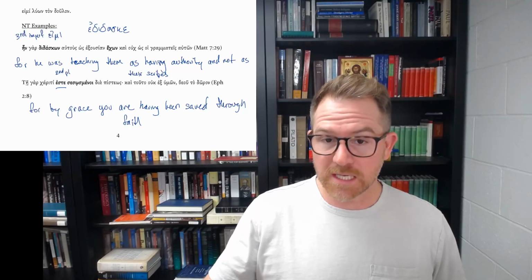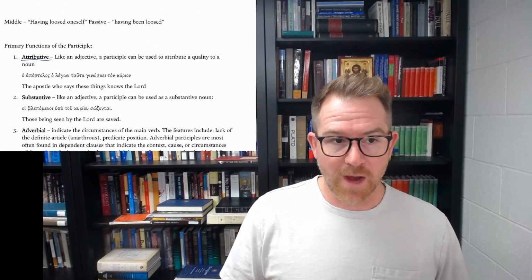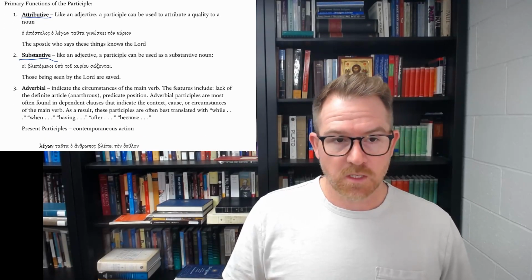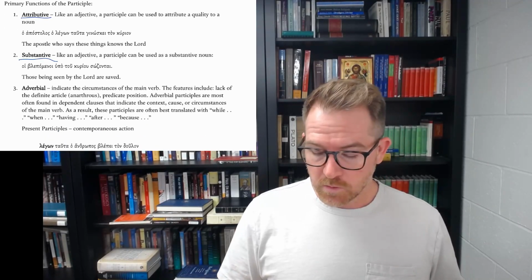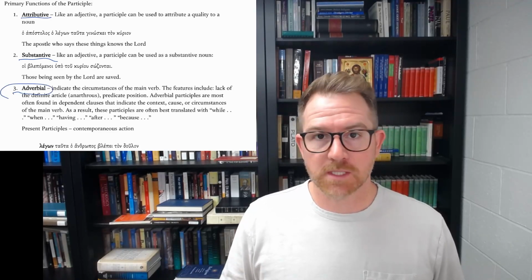So when we're reviewing the different ways in which participles can function, we're going to, of course, see participles functioning kind of like attributive adjectives describing nouns. We're going to see them functioning like substantive adjectives, basically functioning as nouns. We're going to often see them as adverbial participles, participles that are describing the circumstances of a verb. And then quite a few genitive absolutes.